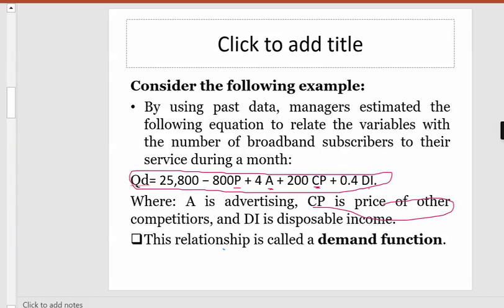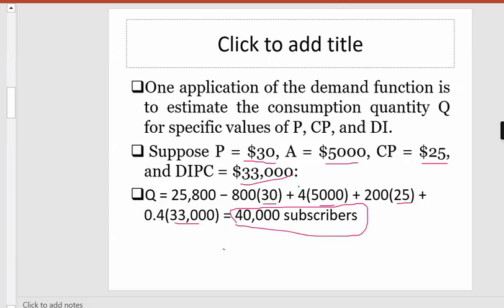Now you are supposed to find the demand. It is easy to get it, right? Yes, doctor. Because you just substitute these values, you get the demand or number of subscribers, the level of demand, ambayo inakuwa ni kama 40. If you substitute those values, you get 40, right?